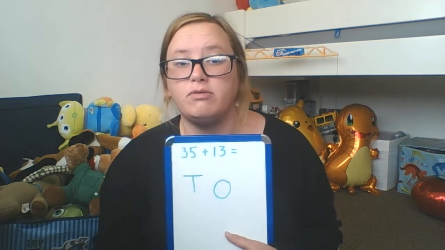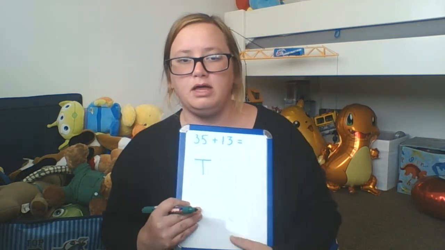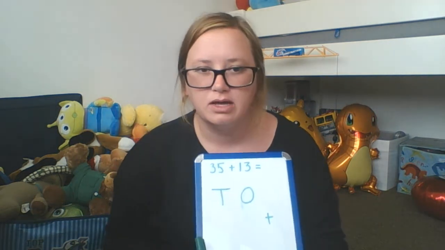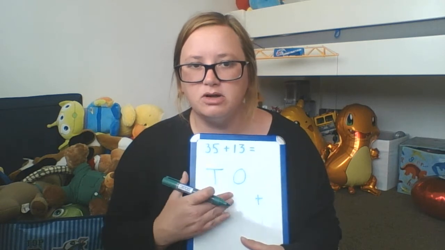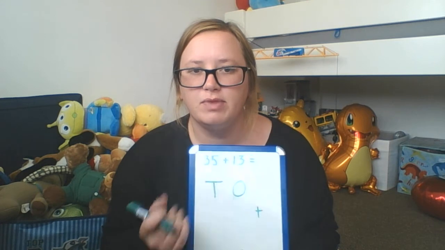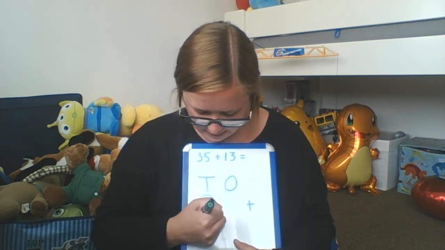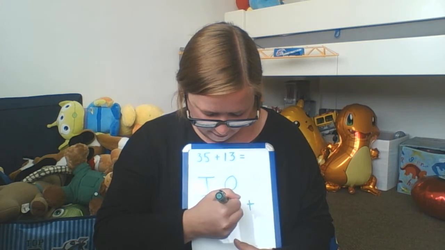Now, those of you that remember this strategy, let me make that a little bit more lined up. Those of you that remember this strategy will remember that we have to complete the number sentence in a particular order. So I've got my tens column and my ones column. I'm going to look at my first number, which is 35, and that number has 3 tens and 5 ones.